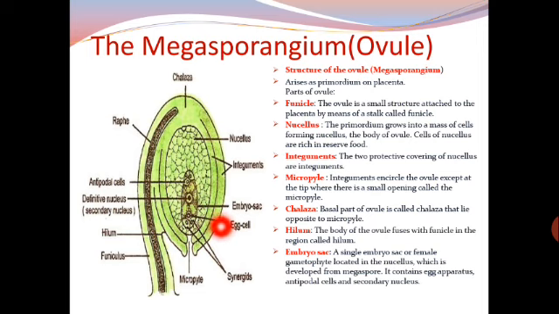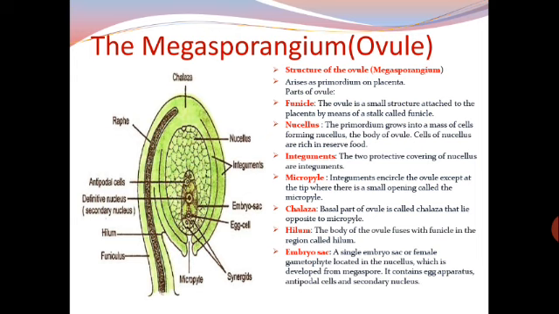They have shown here the egg cell. The egg cell along with the two synergids forms the egg apparatus, and it has antipodals towards the chalazal end. Antipodal cells are present, and in the center it has the secondary nucleus. So this is the embryo sac of the ovule.